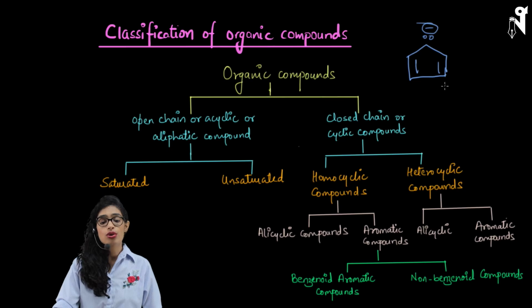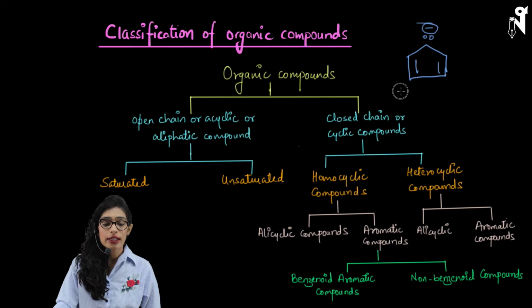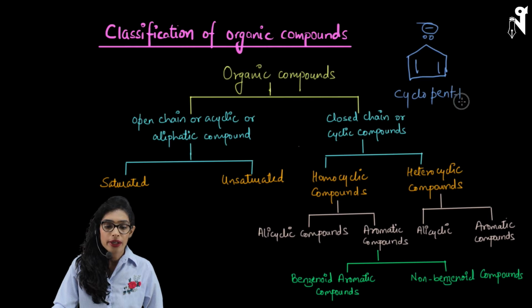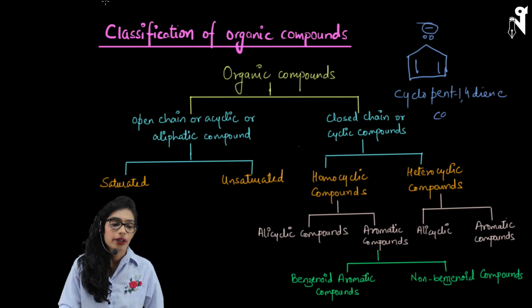So I have drawn a structure over here, and this is called cyclopenta-1,4-diene anion.